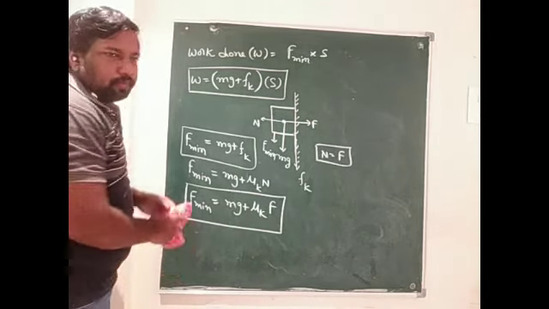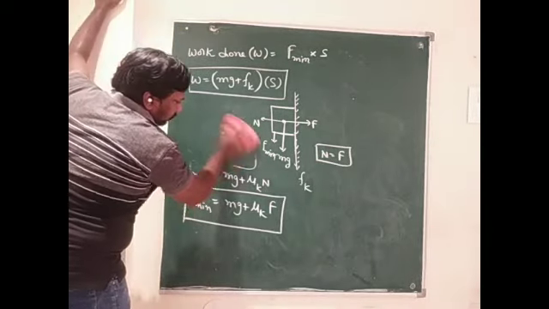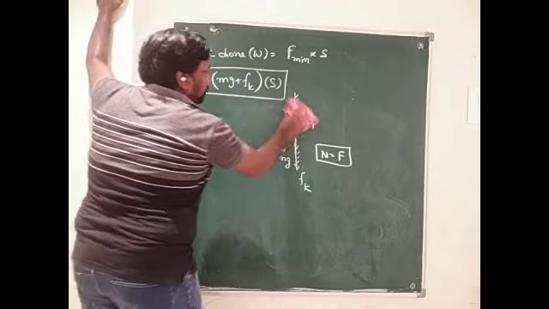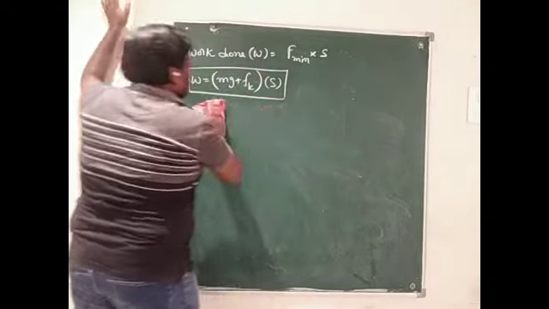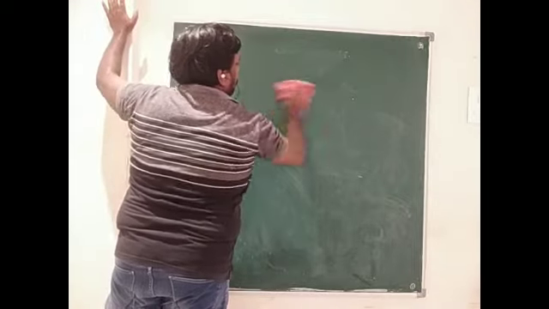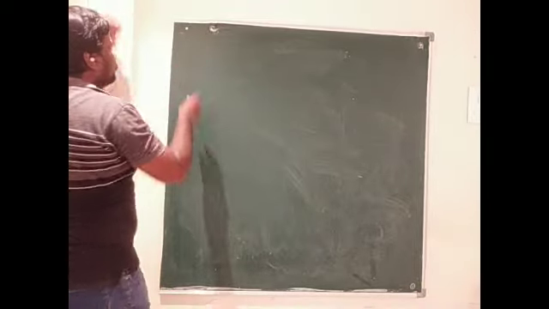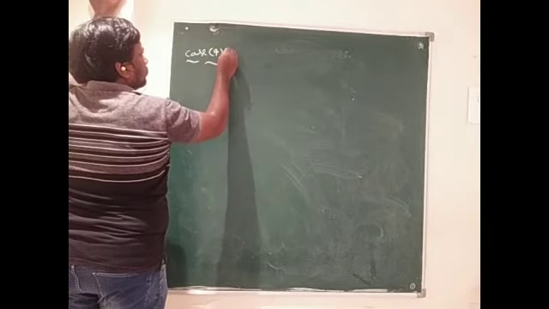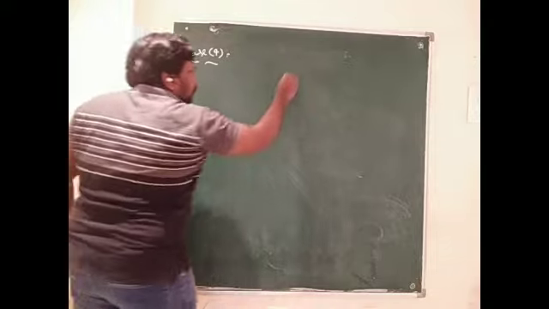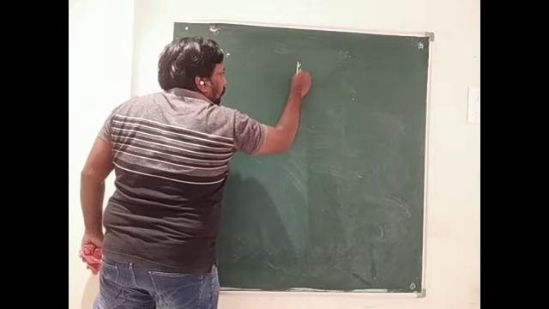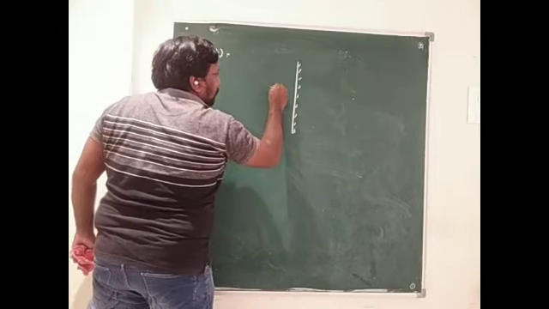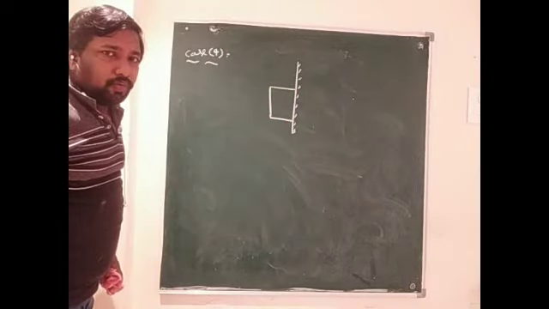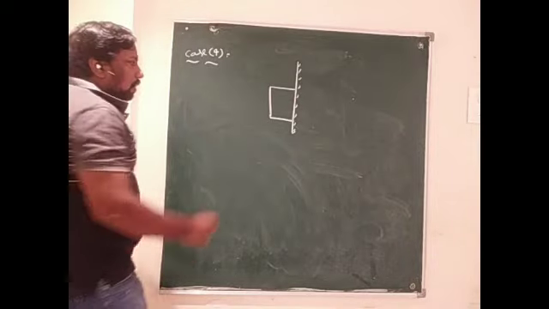Now case 4. So here this is one of the vertical walls. Consider a block of mass m in contact with the vertical surface of a rough wall.